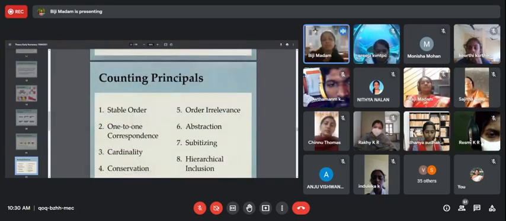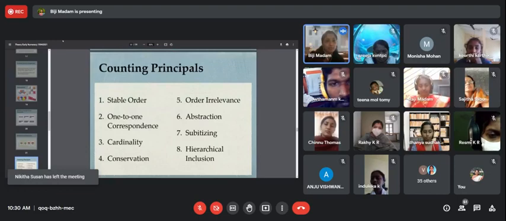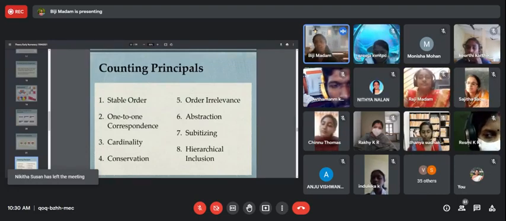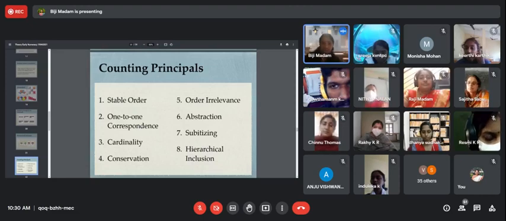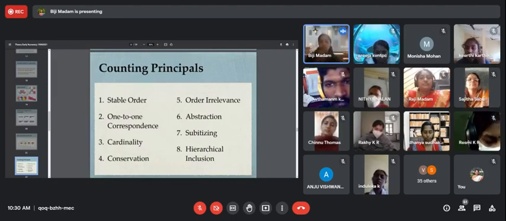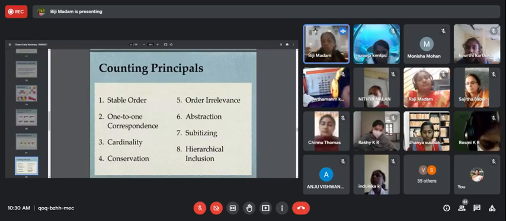So these are some of the counting principles that the child should know, or the way the child should be taught counting. That is stable order. There should be a sequence, a stable order, for all during the counting. If you mess them up and give them, they may not be able to learn. So in the early stages, to make the concepts of numbers clear, there should be a proper order, sequence.